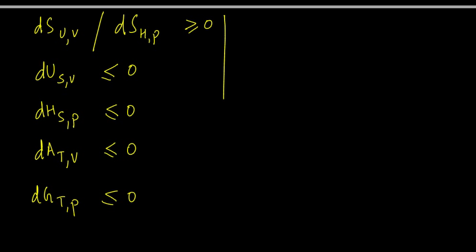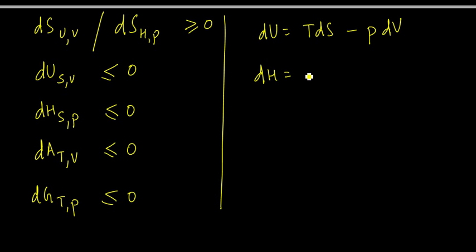And what else had we seen? We had seen some equations, some fundamental equations. One of them was dU is equal to TdS minus PdV. Then we had dH is equal to TdS plus VdP.